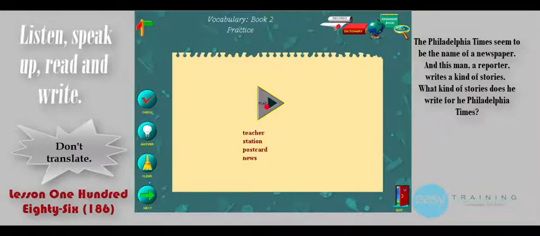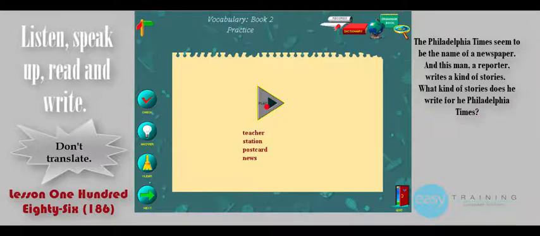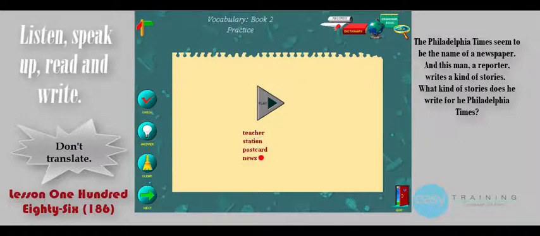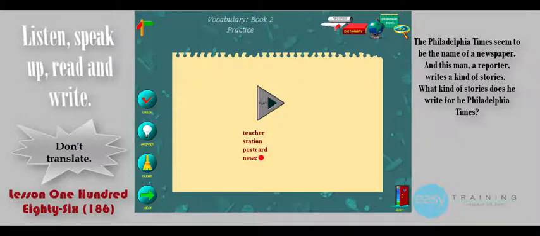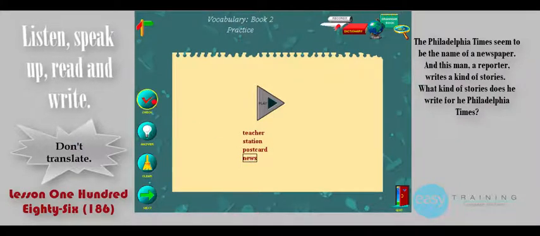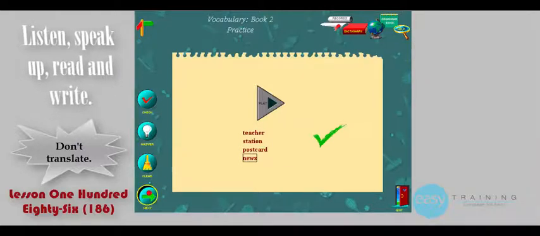And this man, a reporter, writes a kind of stories. What kind of stories does he write? Among these choices, the best option is news. He writes news stories for the Philadelphia Times. Right.